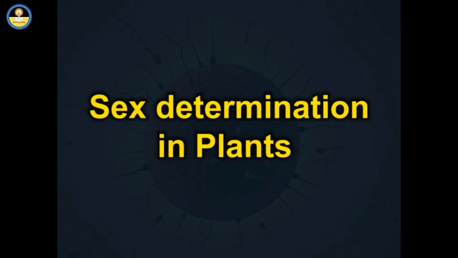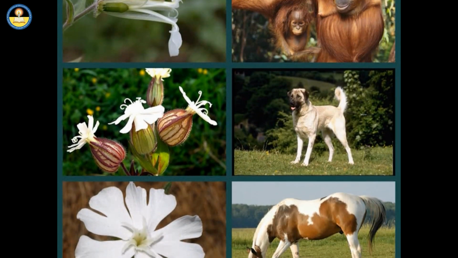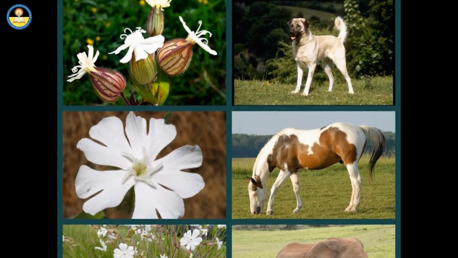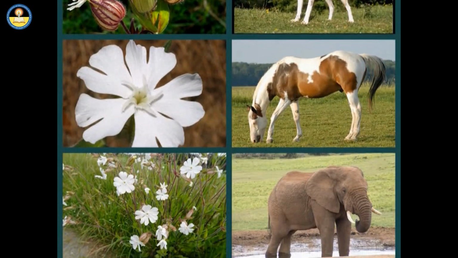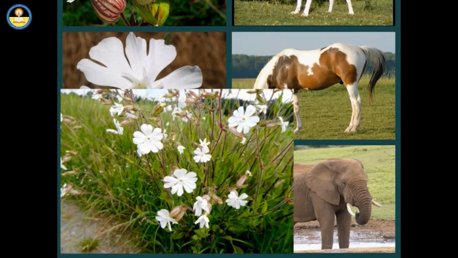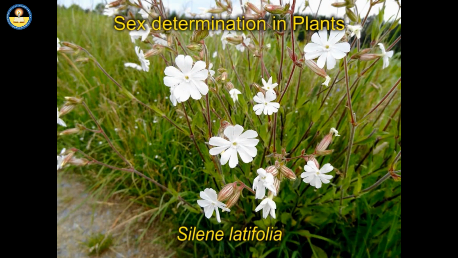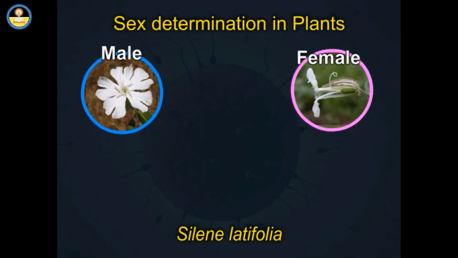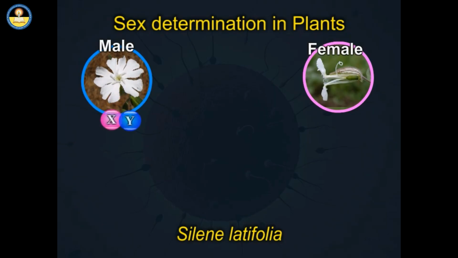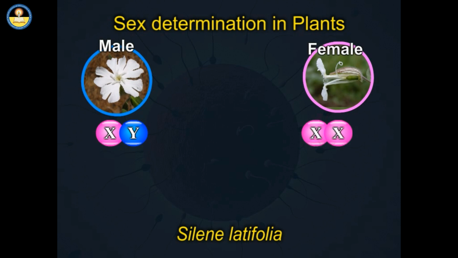Sex determination in plants. The genetic basis of sex determination in plants is different from animals. Several experiments done on Silene latifolia, which is a relatively small dioecious plant, have shown that the male plant has X and Y chromosomes, whereas the female plant is XX.